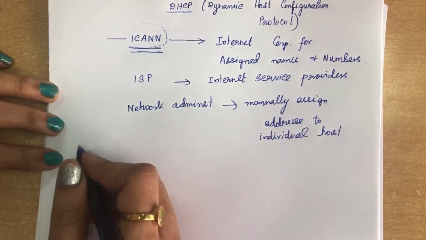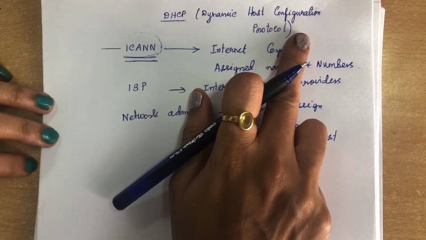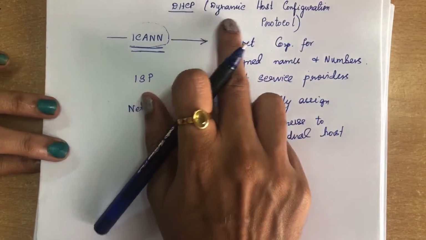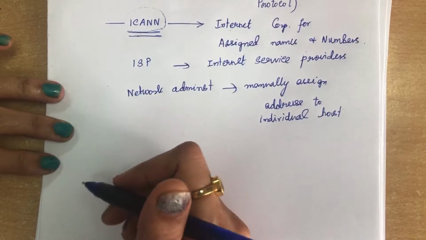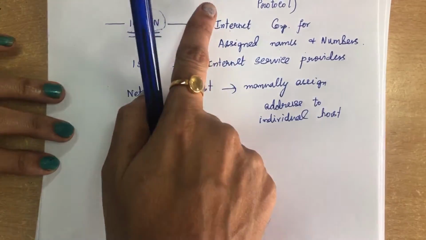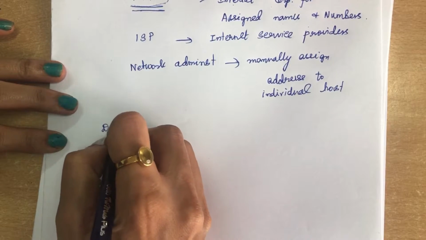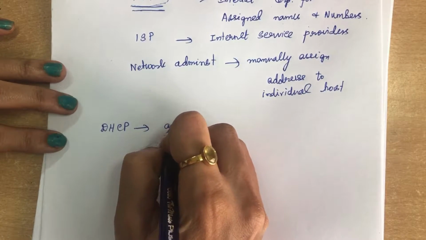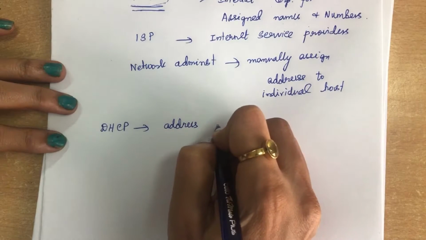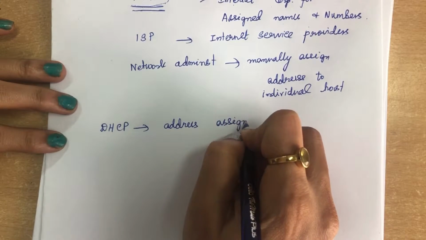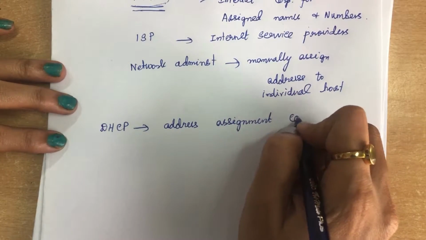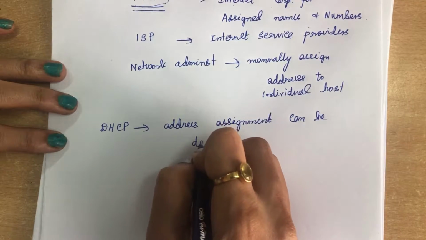What Dynamic Host Configuration Protocol will do is that this address assignment in an organization can be done automatically by using this protocol. By using DHCP, the address assignment can be done automatically.